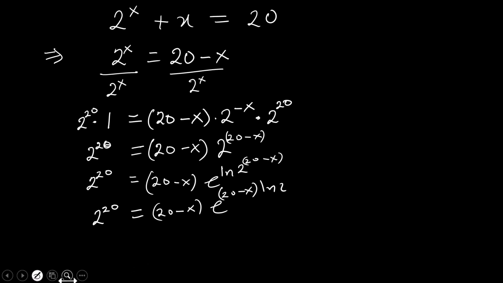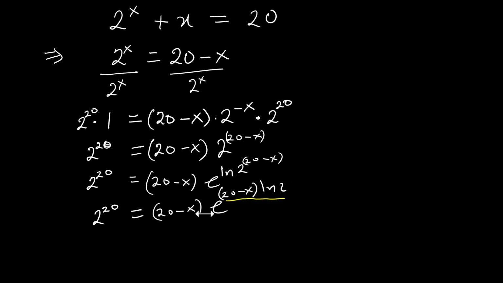Now let's observe something here carefully. You can see that the power here is 20 minus x ln of 2, but what is here is different from what is here. Before we can apply the Lambert W function, we have to make sure what is here is the same as what is there. The power and what is in front of this must be equal. So what do we do?